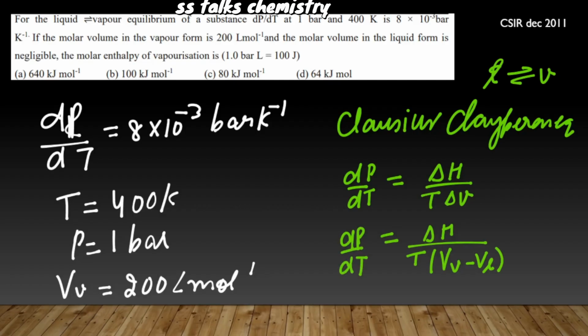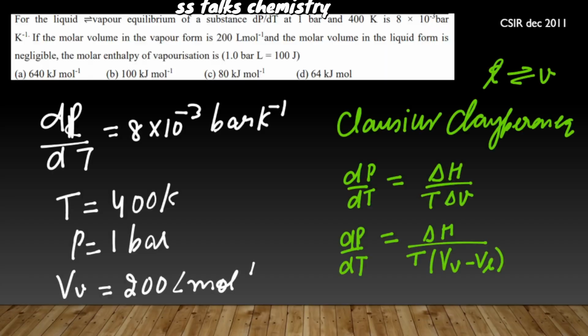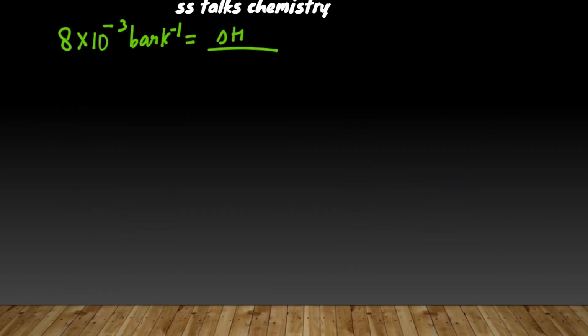Okay. Now all the conditions have been given to us. We just have to substitute the values and find the value of delta H. So 8 into 10 raised to the power of minus 3 bar per Kelvin is equal to delta H upon the temperature, 400 Kelvin, into the volume of the vapor, which is 200 liters per mole.